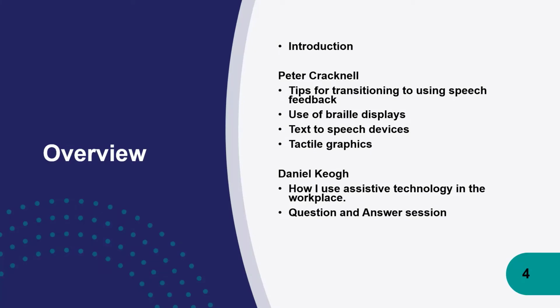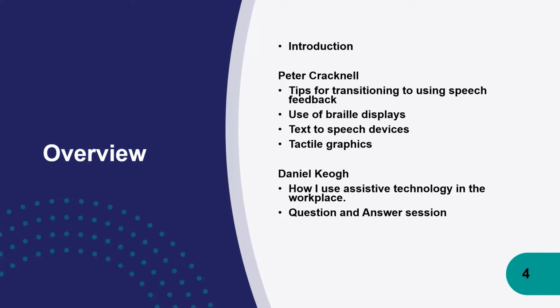So after a bit of this introduction, we'll have Peter Cracknell, who will be presenting any tips. He's going to give a bit of a demo and overview of technology that's available in this area, including tips for transitioning to using speech feedback for people whose vision may be deteriorating or have had sudden vision loss.